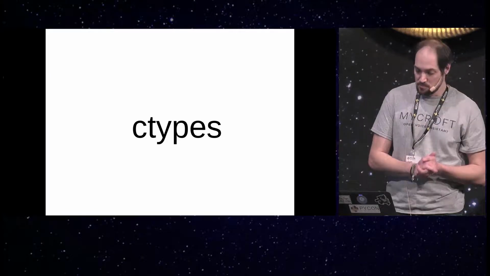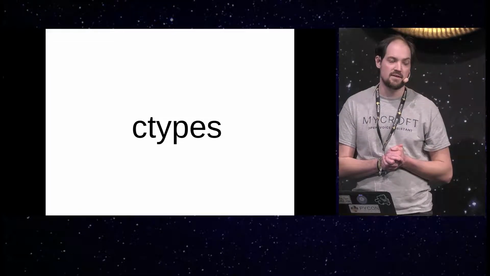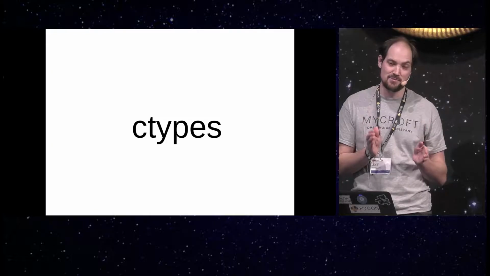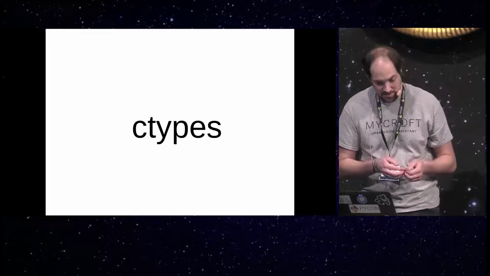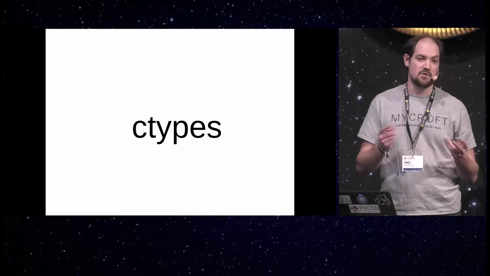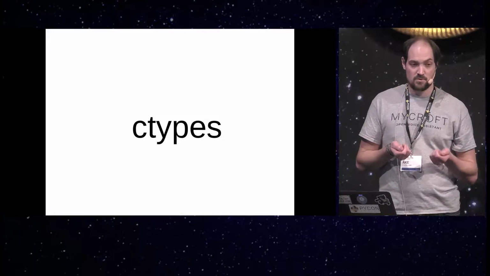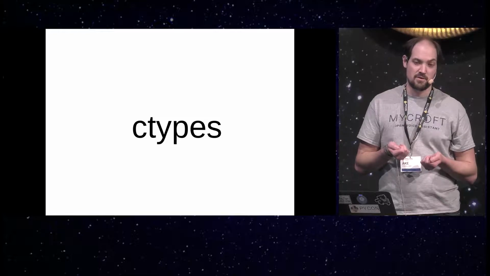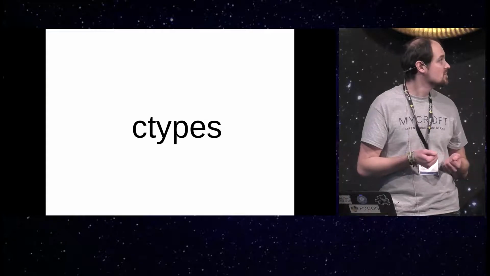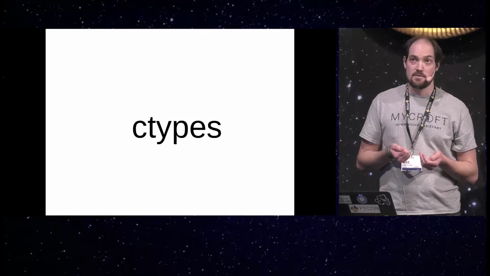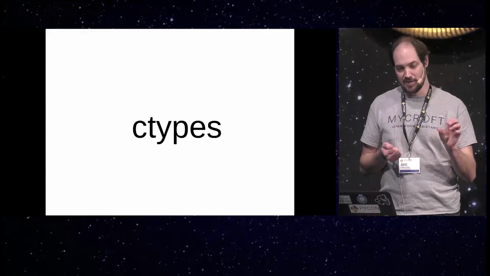So ctypes, part of the standard library. It basically works by providing Python representations of C primitives. So in C, you have an integer type called int, and ctypes will provide a Python class called c_int, which will work like a bridge between a Python type and a C type.